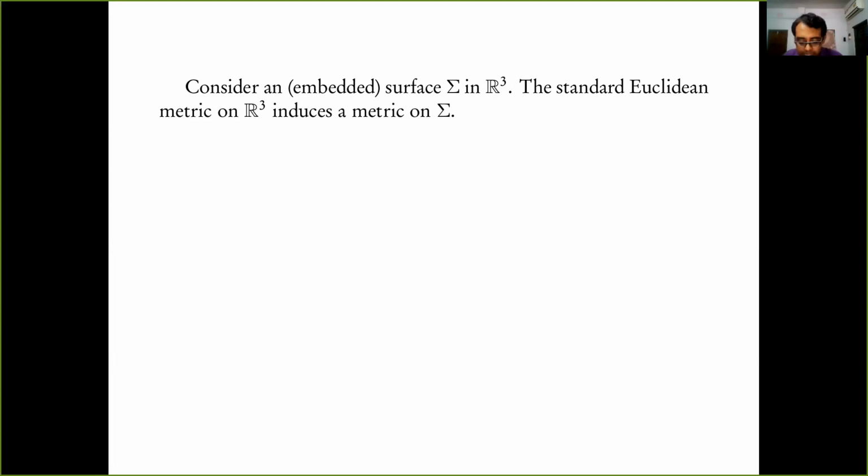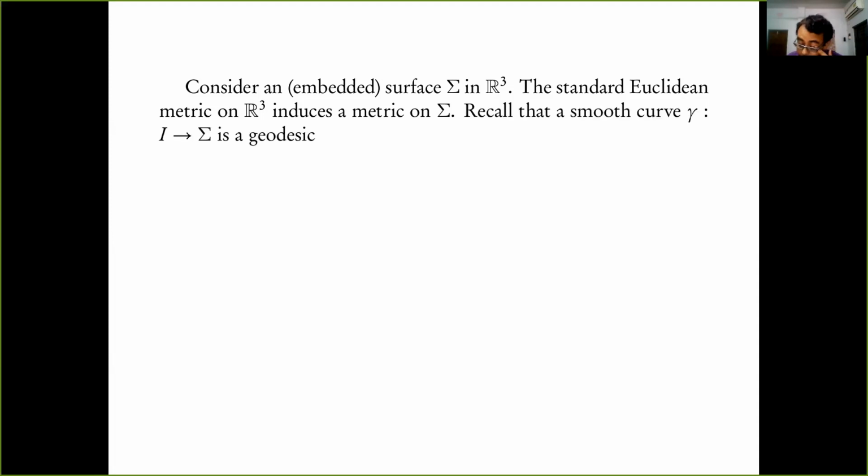That is because the tangent space of R3 is globally trivial. So any tangent space at any point can be identified by translation to the tangent space at 0, which can be further identified with R3, and that has the Euclidean inner product. That's what I mean by the Euclidean metric or the Riemannian metric on R3. And sigma being a submanifold, an induced metric is there on sigma.